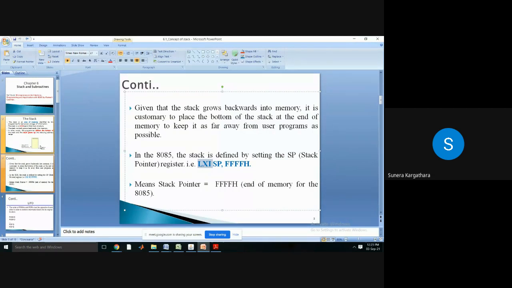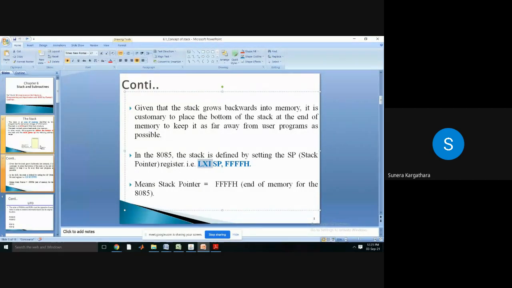So how to store the data onto the stack, and how to retrieve the data from the stack? For that you need some instructions: push and pop. These two instructions can be used to write onto the stack and to retrieve the data from the stack. Am I communicating, student?